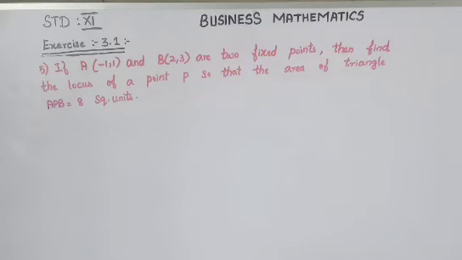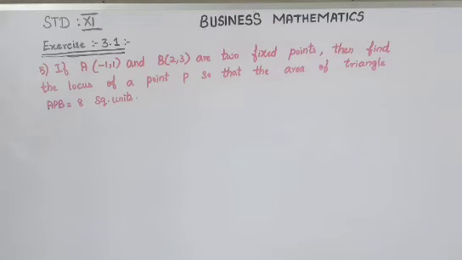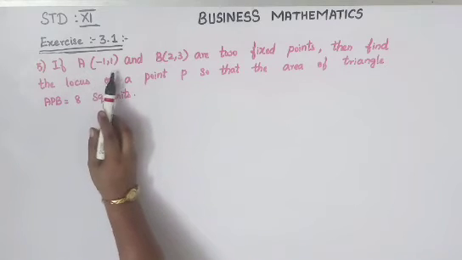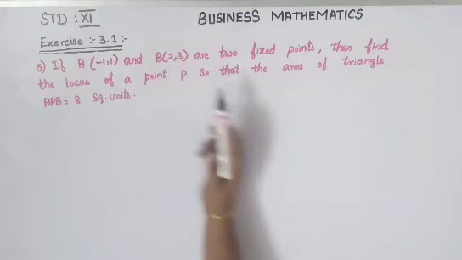5th question: if A of minus 1 comma 1 and B of 2 comma 3 are two fixed points, then find the locus of a point P so that the area of triangle APB is equal to 8 square units. They have given you your points A of minus 1 comma 1 and B of 2 comma 3. Two points are given.